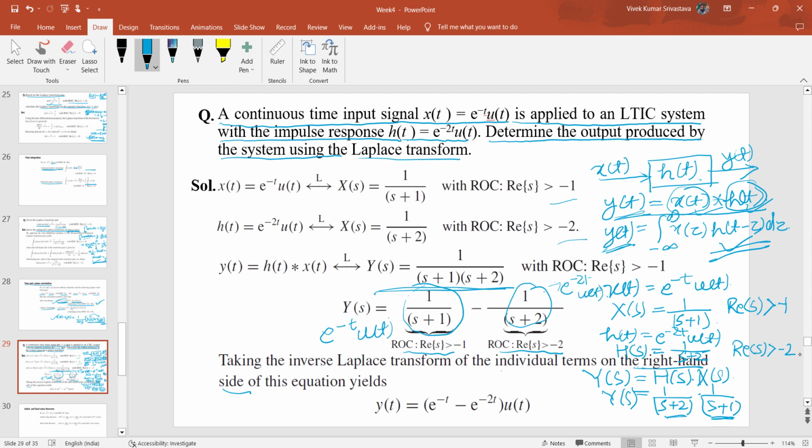So now once you put the values of these signals here, you will get y(t) is equal to (e raised to the power minus t minus e raised to the power minus 2t) into u(t). So this basically represents the output of the system, which we have evaluated by using the Laplace transform method.